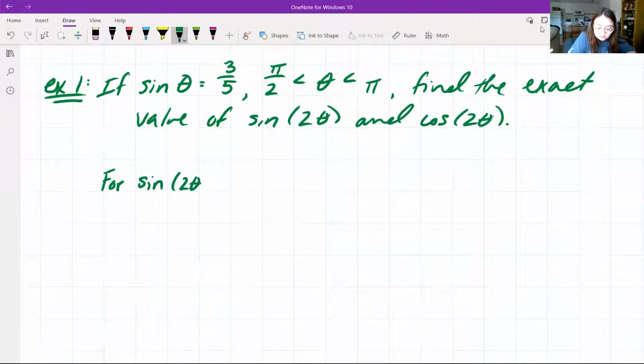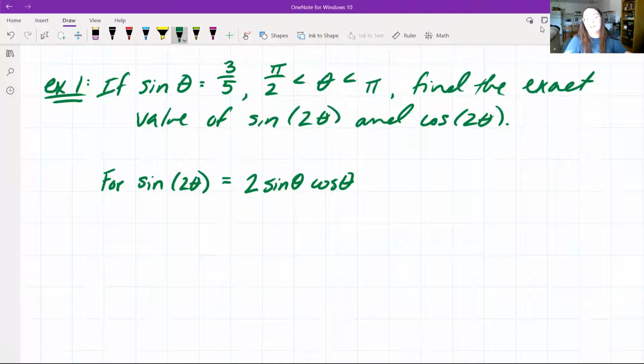So for sine of 2 theta, we know that this is going to be equal to 2 sine theta times cosine theta, which means that we would need to find cosine of theta. We already have that sine of theta is equal to 3/5.